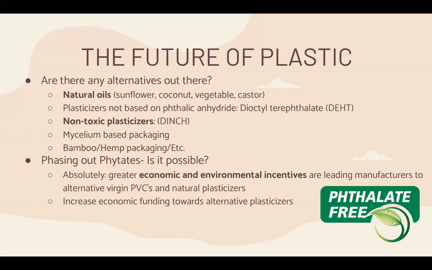There has been a visible change in the past decades, but it is still overwhelmingly controlled by phthalates. So with a greater economic and environmental incentive, many manufacturers are leading to alternative PVCs and natural plasticizers. The switch to a natural plasticizer must be made with an increased economic funding towards these alternatives.